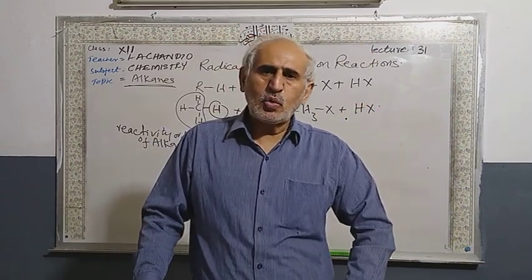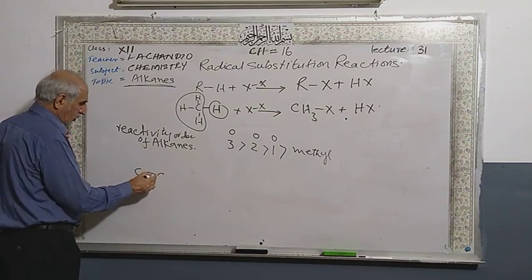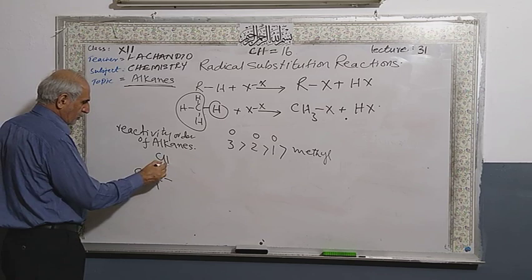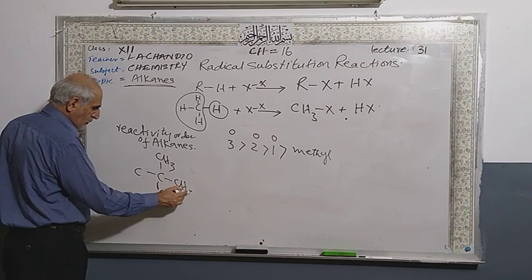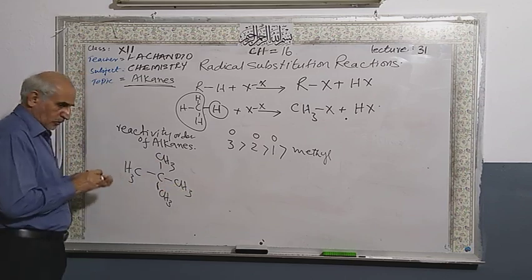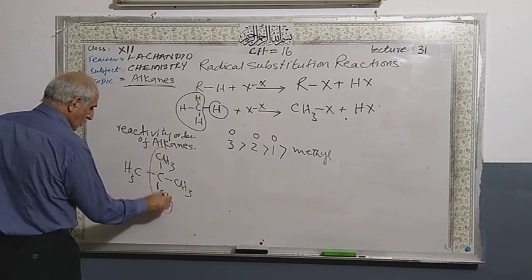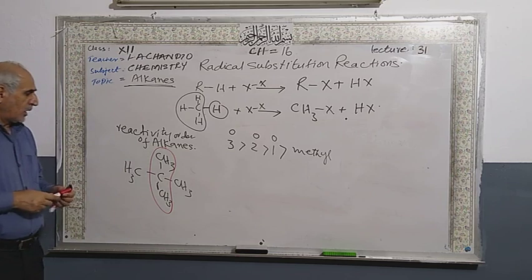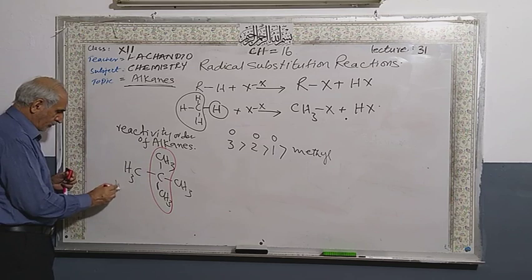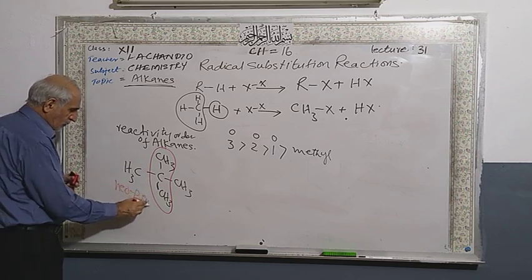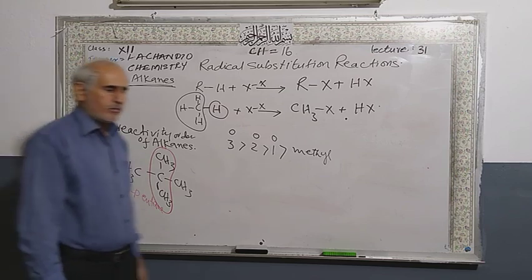So dear students, if two groups are on the same carbon atom, this is tertiary. Neo: 1, 2, 3, 4, 5. Neopentane, or 2,2-dimethyl propane.